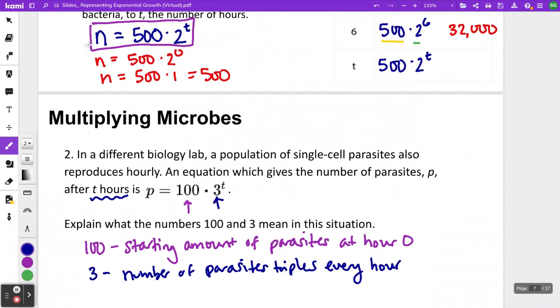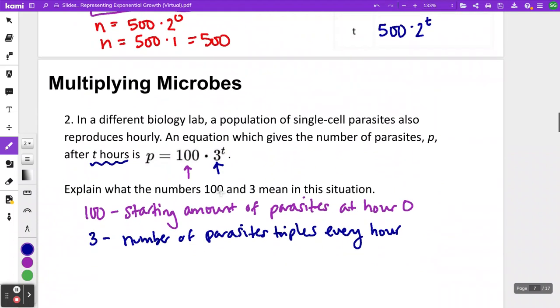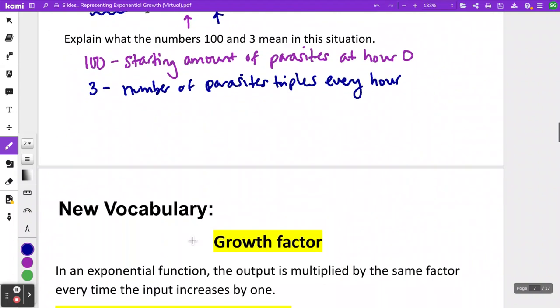In this first equation we wrote, the growth factor was the 2. And in this second equation here, the growth factor was the 3. It's just telling us what the name sounds like, right? It tells us how quickly it grows. And we're calling it the growth factor because we've talked about how that word factor means you're using multiplication. It's telling us what number we're multiplying it by.